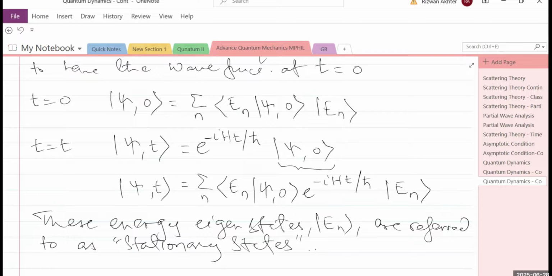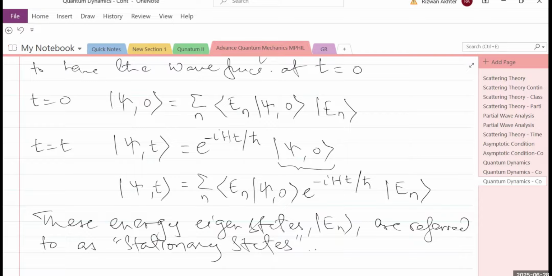That is, it would remain in that state, and the only changes would be phase changes, and that's why we call it a stationary state. In fact, this is basically a solution of the Schrödinger equation.